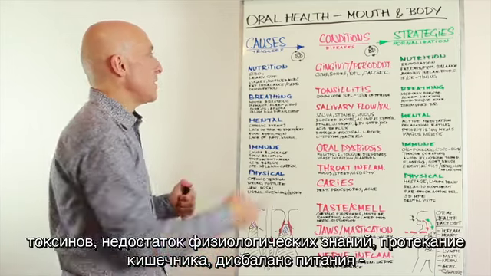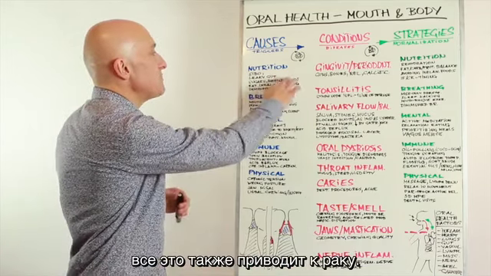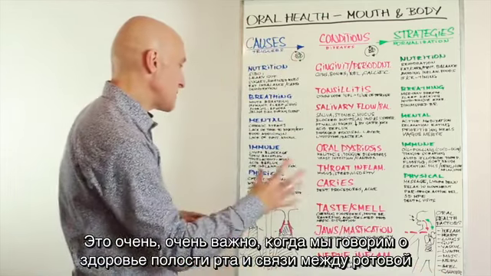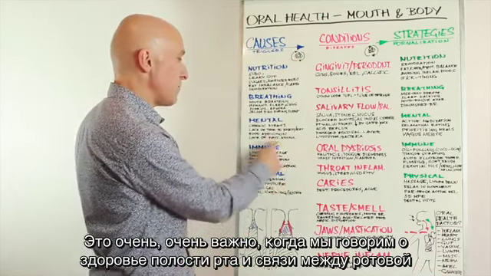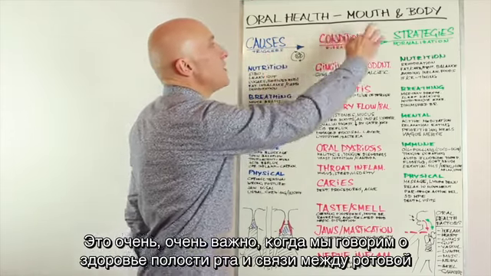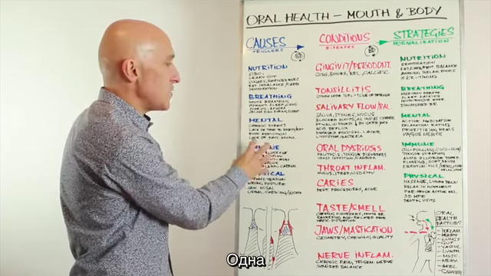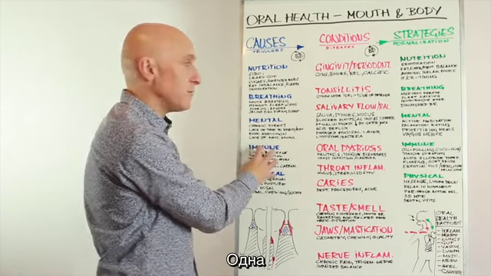So we don't know about leaky gut, nutritional imbalance, that also leads to cancer. That is very, very crucial to talk about when we're talking about oral health, the connection between mouth and body, and immunity, because that's how we work with chronic inflammation.